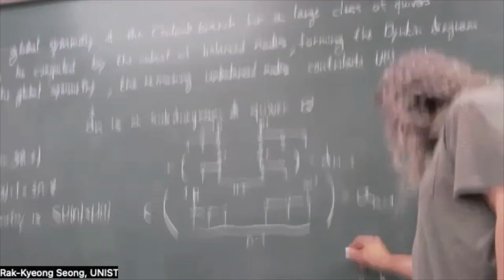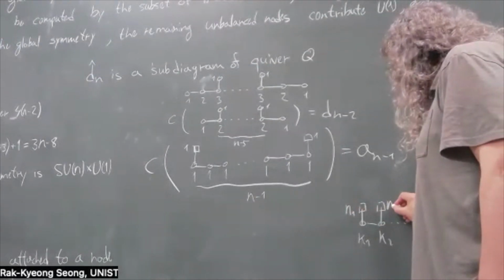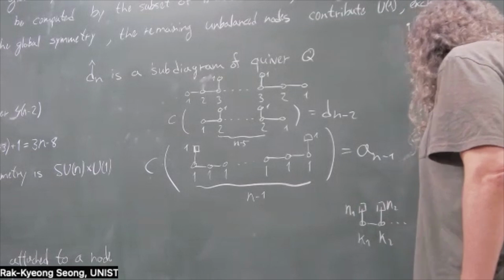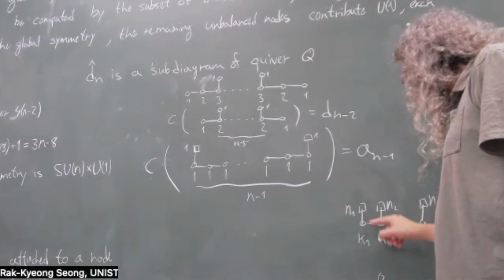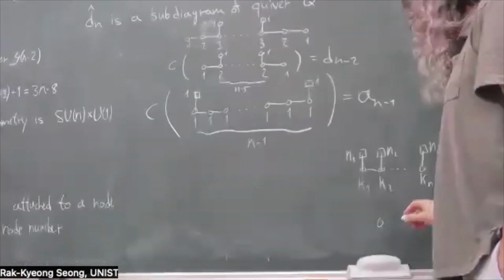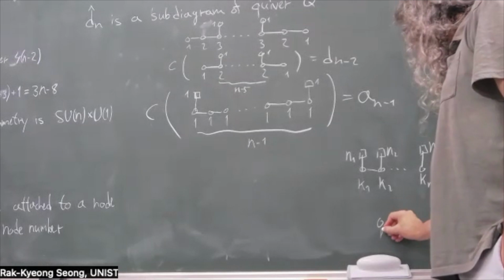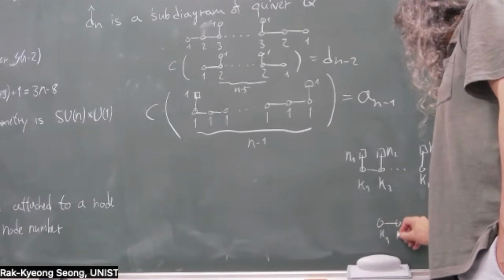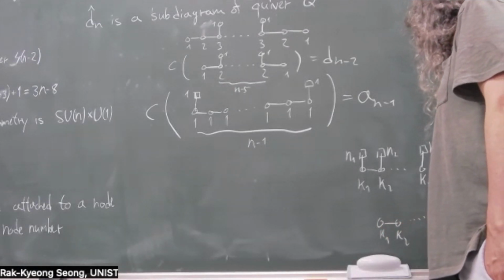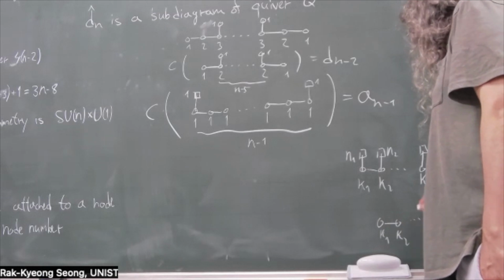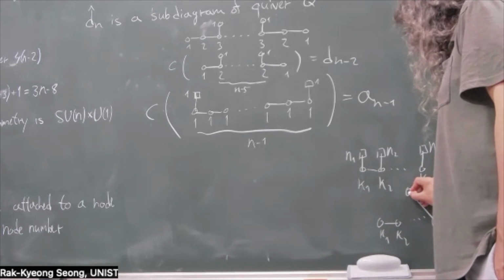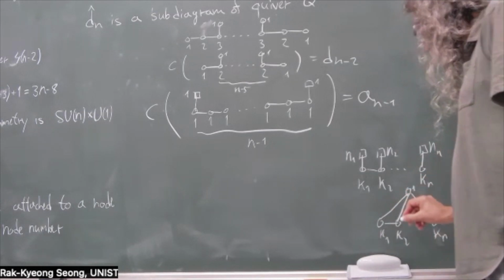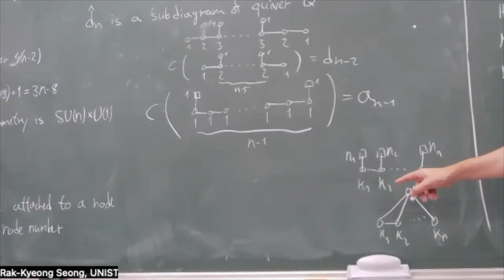This would be N1, N2, Nn, like that. I can always replace this by another quiver where I collect all of the flavor nodes into a single node, and then one node of 1 with edges that have multiplicities.